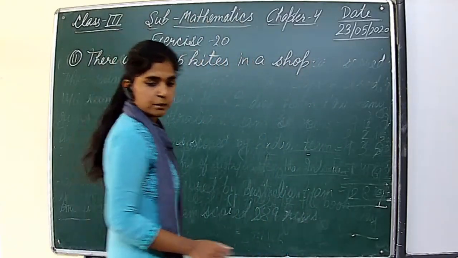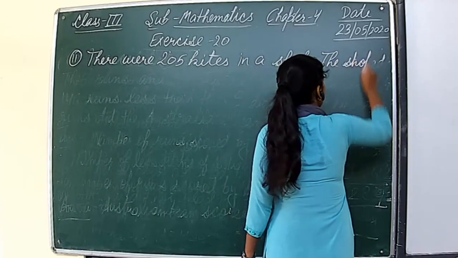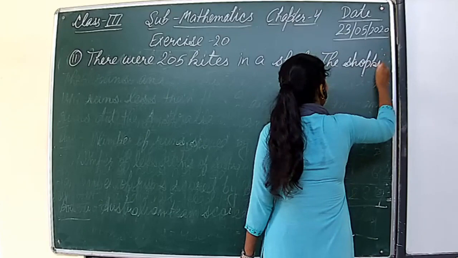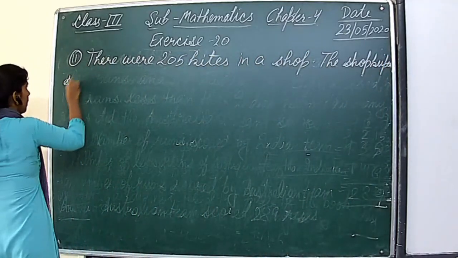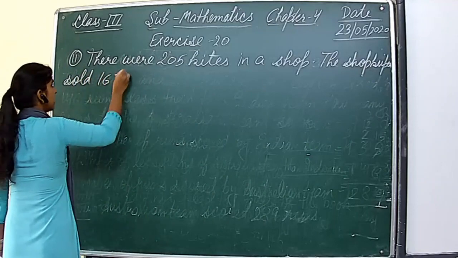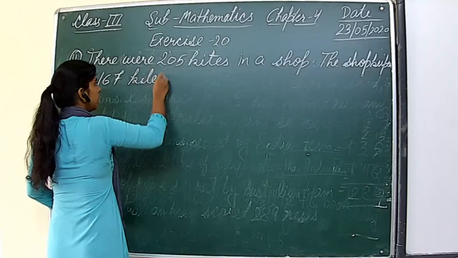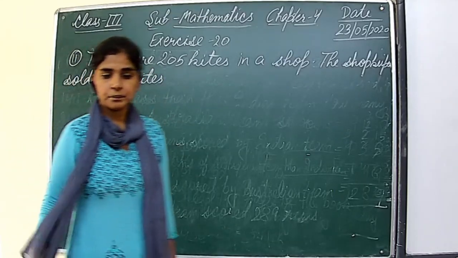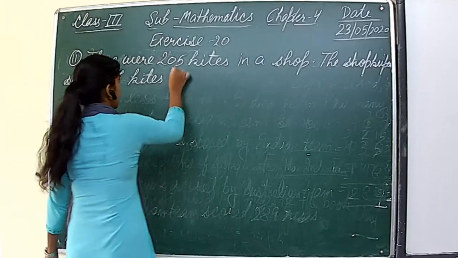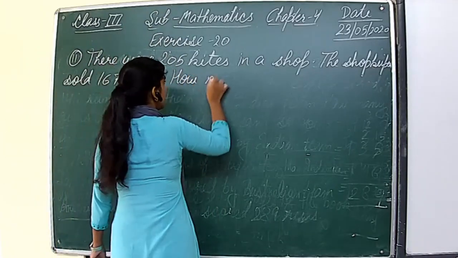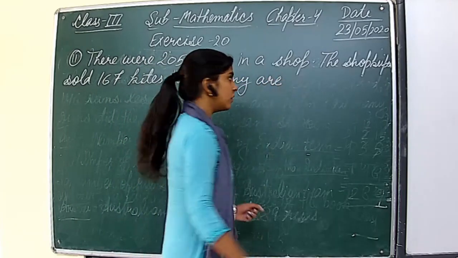The shopkeeper sold 167 kites. Okay. How many are still to be sold?